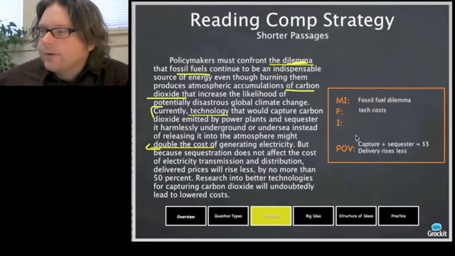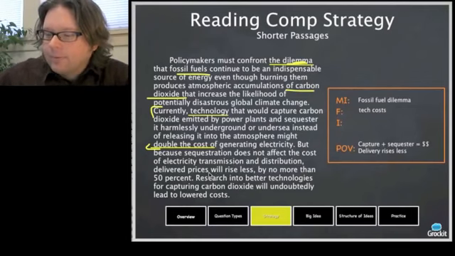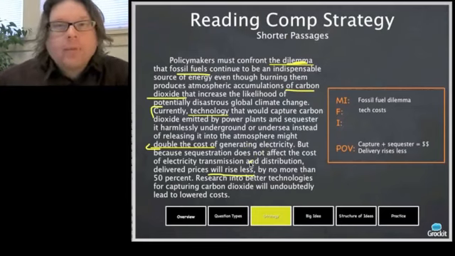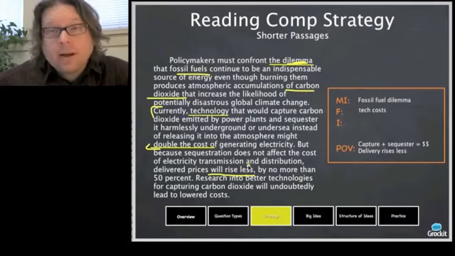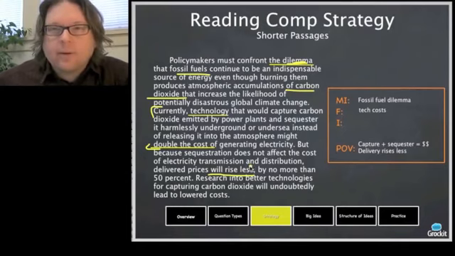The author's point of view is that capturing and sequestering is costly, but that delivery rises less. So the author thinks that this is something that will happen. When the author makes a prediction, that's part of the author's point of view. If the author is citing sources or evidence, it's not necessarily the author's point of view.